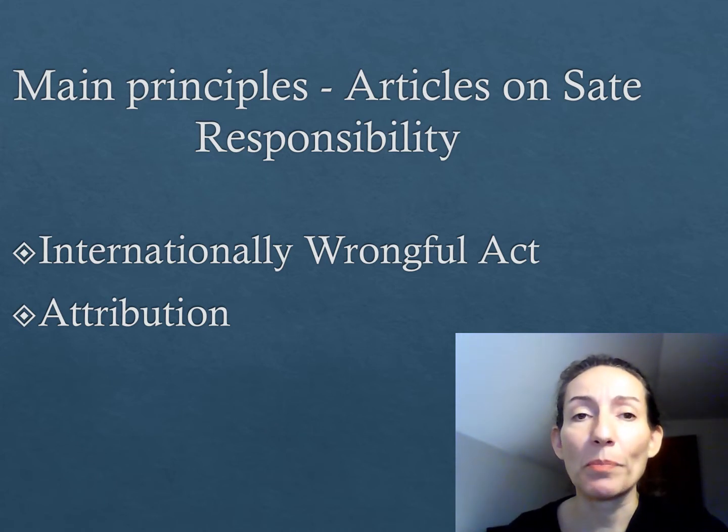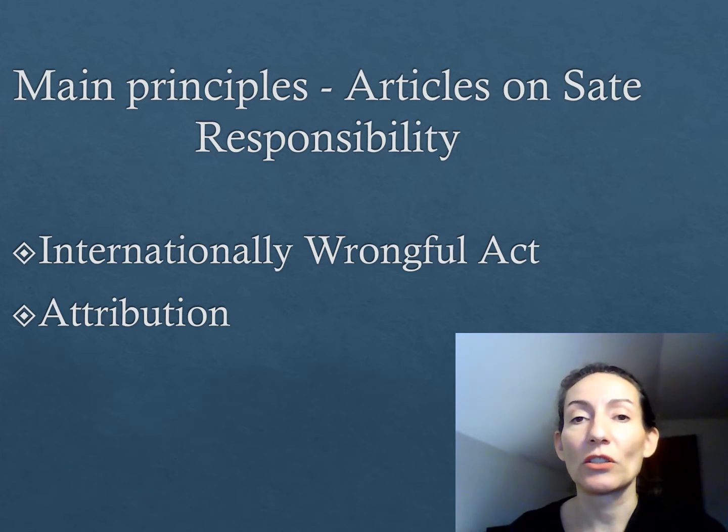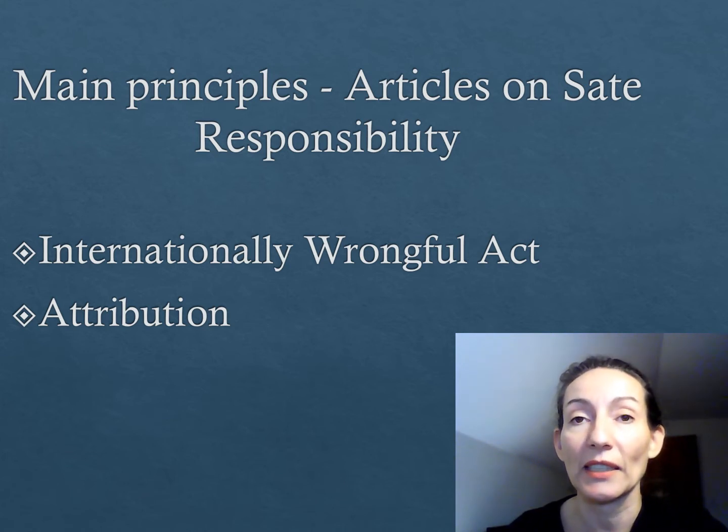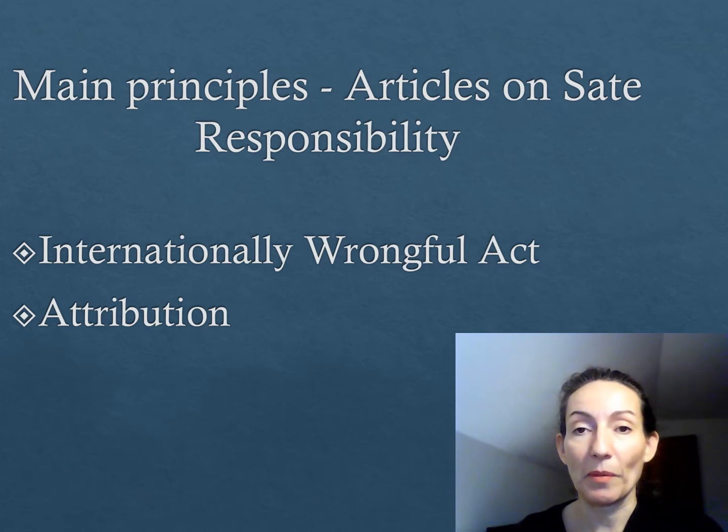In the Oil Platforms case that was submitted by Iran to the International Court of Justice in 1992, the Islamic Republic of Iran was claiming that the United States of America, by destroying several Iranian oil platforms in 1987 and 1988, had violated a treaty between them, the 1955 Treaty of Amity between Iran and the United States of America.